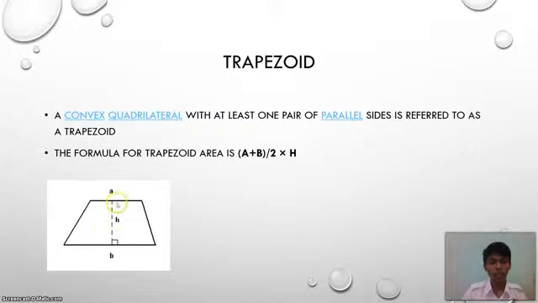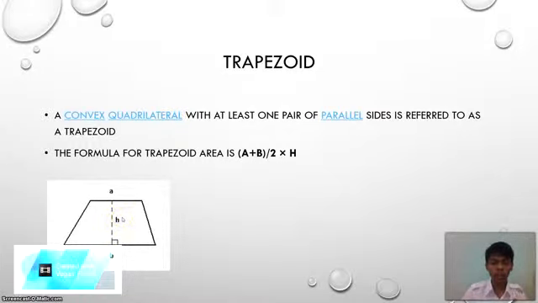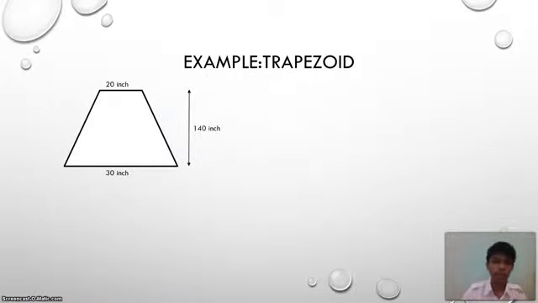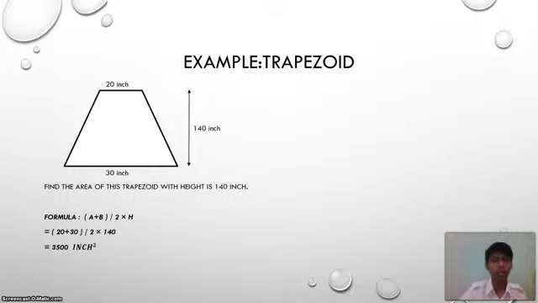H is the height of the trapezoid. When we add A to B and divide it by 2, we get an average length for the trapezoid, and we multiply it by H, and we get the area of the trapezoid. Then look at an example.